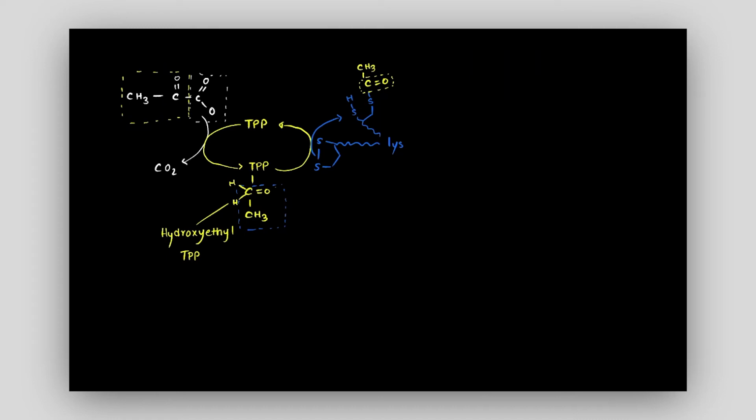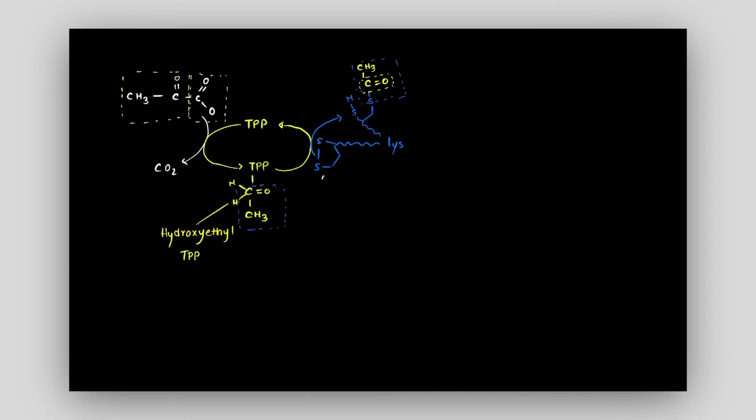the lipoic acid side chain of the lipoic acid modification of the lysine side chain, and this is getting attached to the reduced part of the lipoic acid. So let me write it down over here.